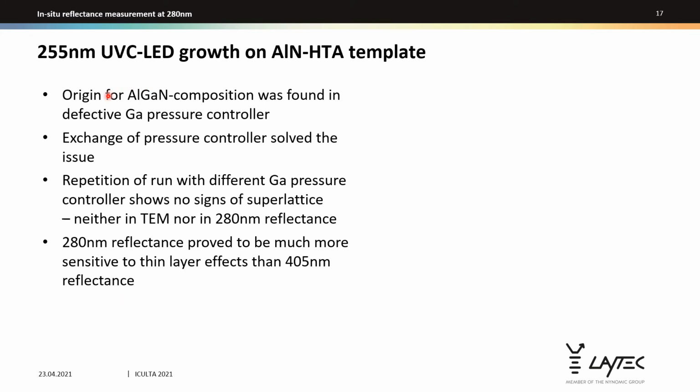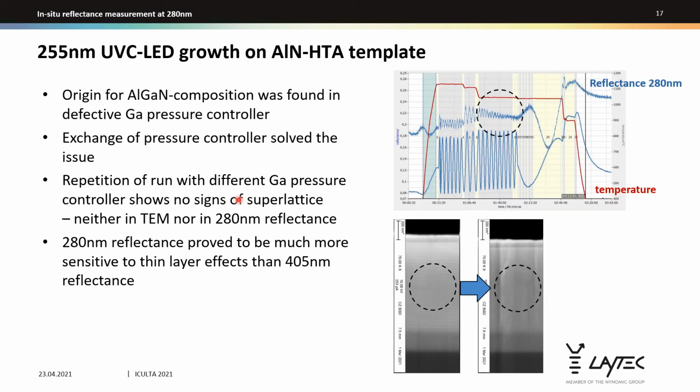So the origin for the AlGaN composition fluctuations was eventually found in a defective gallium pressure controller. The exchange of that pressure controller solved the issue, and the growth run was repeated with a different pressure controller. There was no sign of any superlattice anymore, neither in TEM nor in the 280 nanometer reflectance. We see the data here, the repeated growth run.